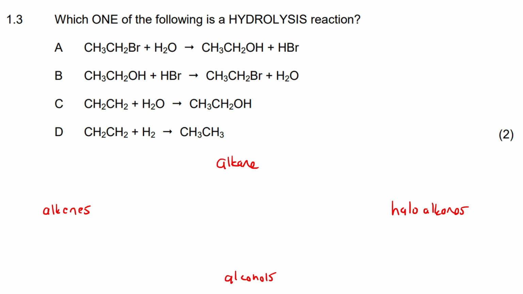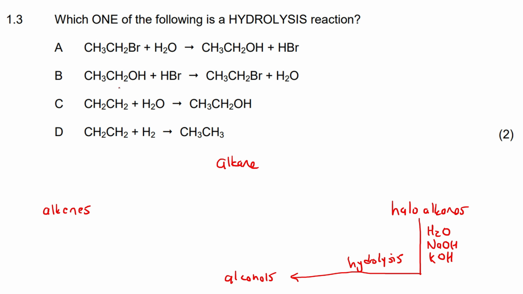Now, we know that hydrolysis is when you go in this direction over here. It is the conversion of a haloalkane to an alcohol. And you could do that using, for example, water. You could use sodium hydroxide, potassium hydroxide. All of that is hydrolysis.